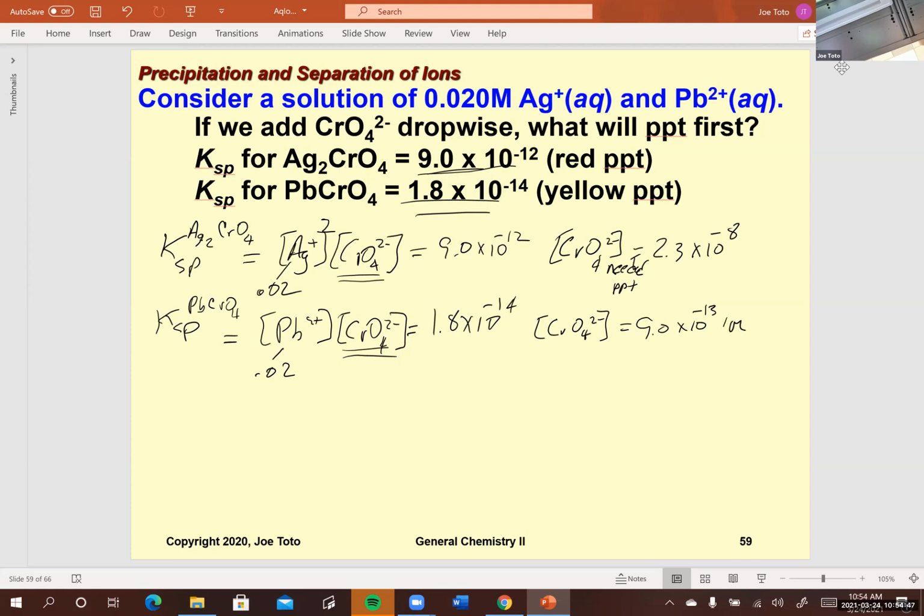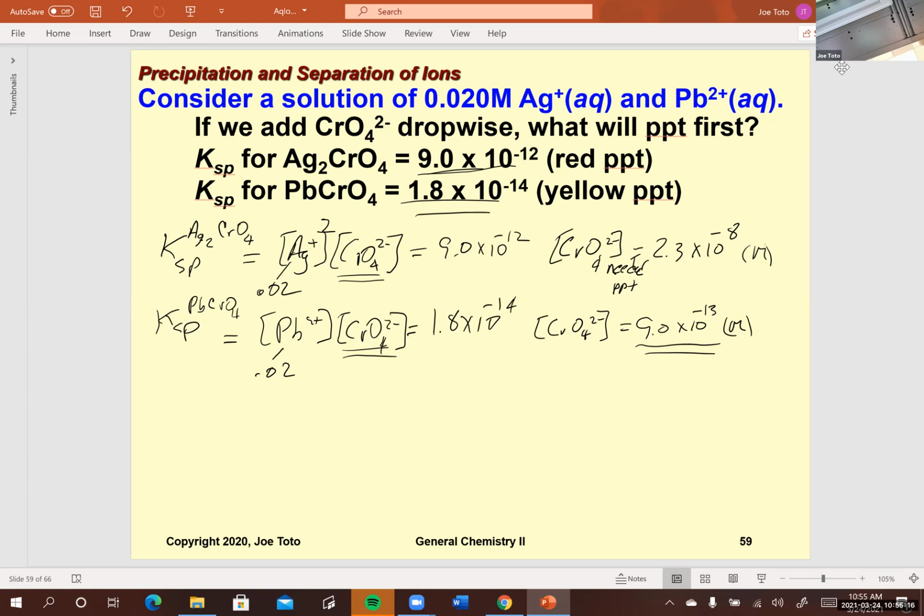So you're right. The lead is going to precipitate first because as you dropper load it in, the concentration of chromate increases from 0 to 9 times 10 to the minus 13, and then lead starts to precipitate out. So good, we calculated exactly.